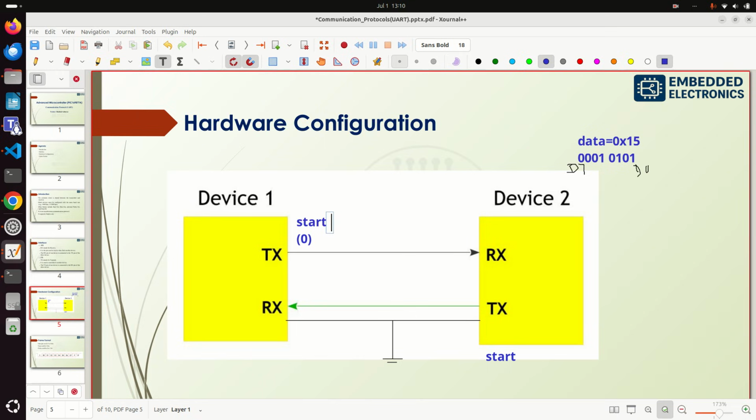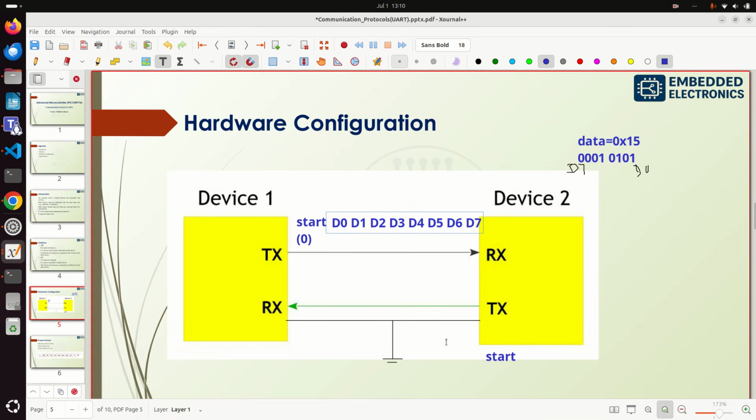So that is D0, then D1, then D2, then D3, D4, D5, D6, D7. In this way one bit is transmitted at a time.